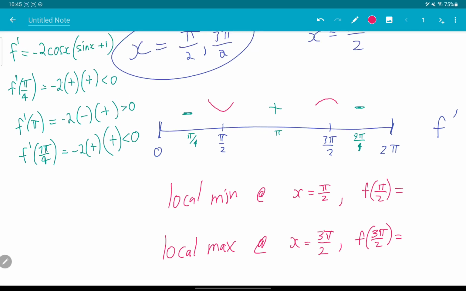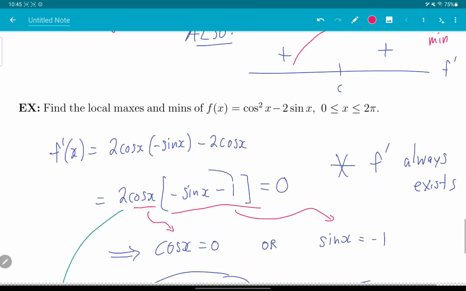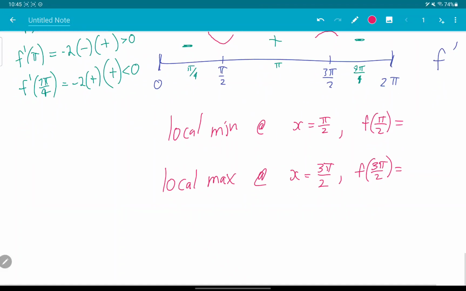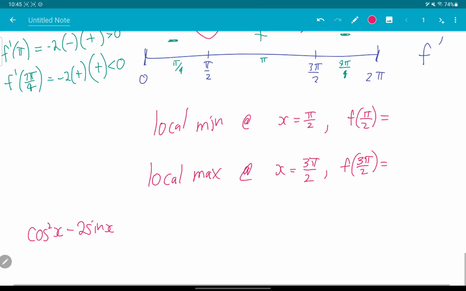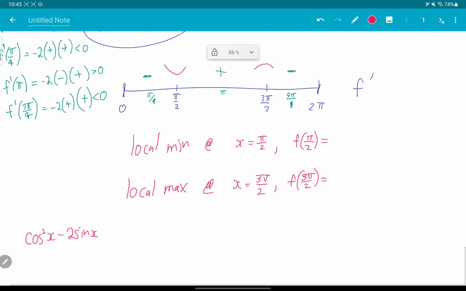And I've forgotten what f is. So I'm going to have to take a sneak peek at what f is. What is f again? Cos squared minus 2 sine x. I'll write that down for myself over here. So for this guy here, what do I get?